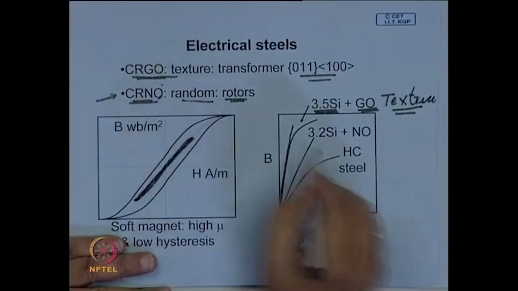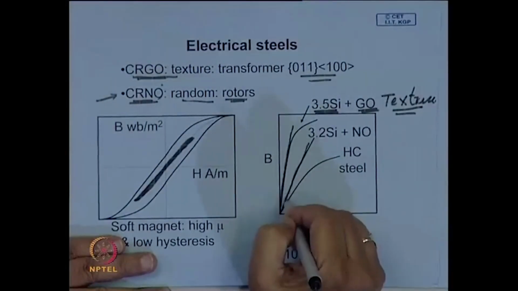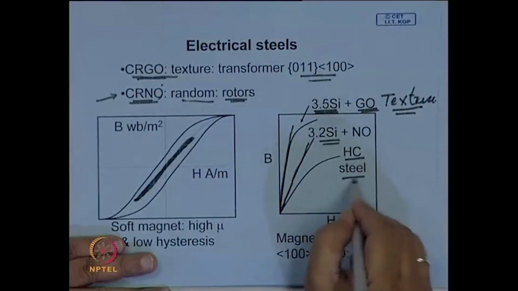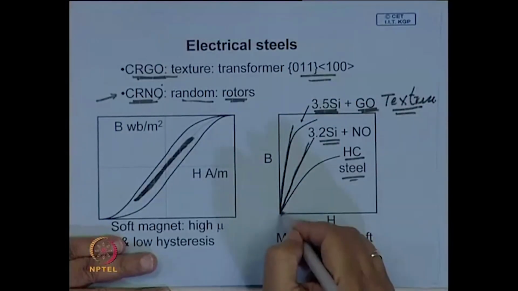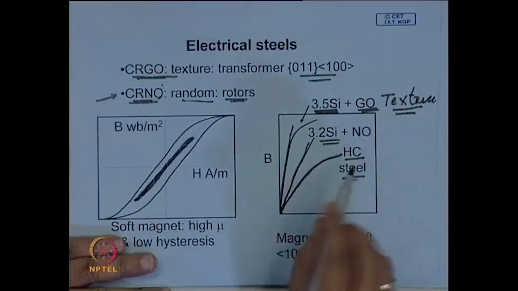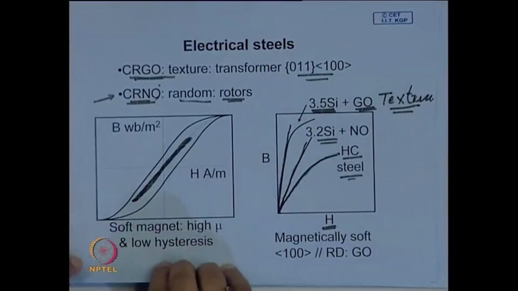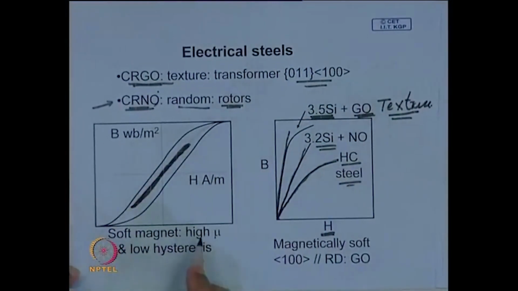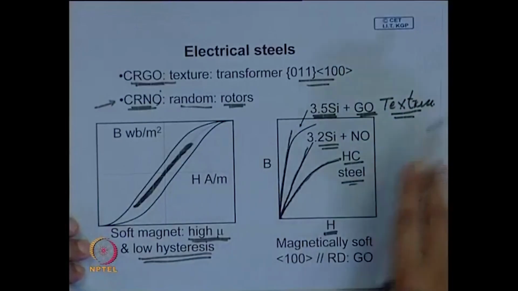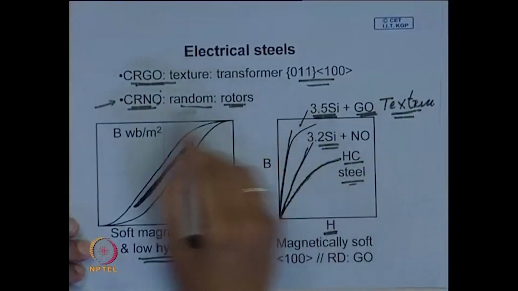In this particular case, obviously you will be making a sacrifice, the mu is low, and high carbon steel or cast iron are preferred as permanent magnets. So, for a soft magnet, like for transformer application, you need high mu and low hysteresis, and the rotor also needs high mu.